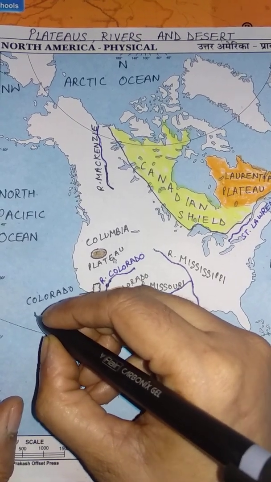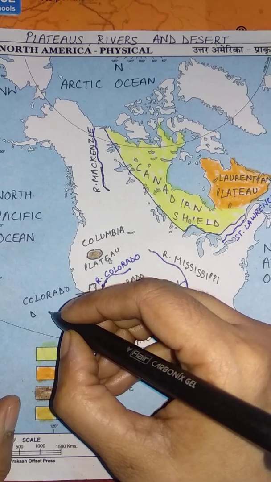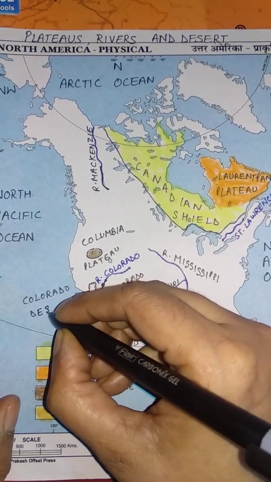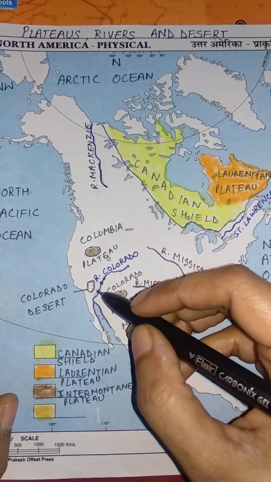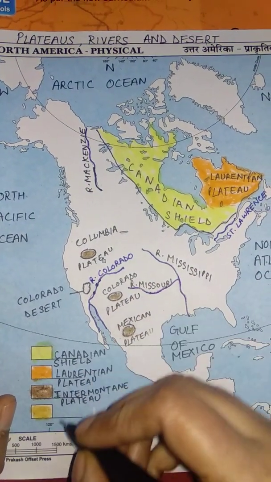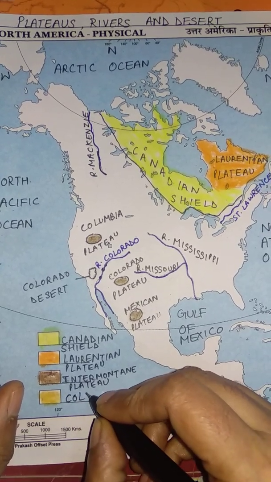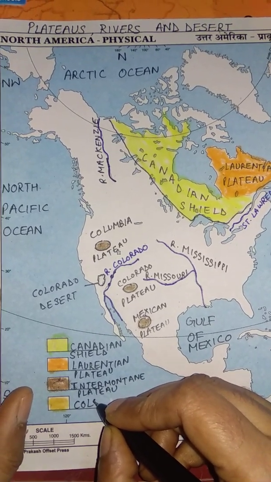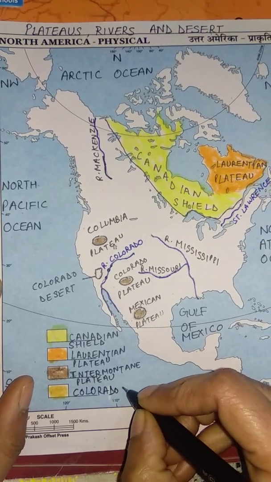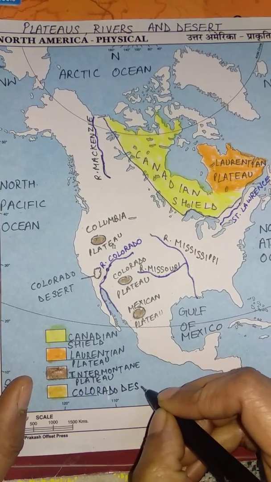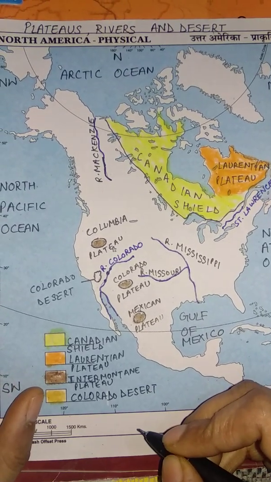It is a part of the Sonoran Desert, which extends from southeast California. Now you have to give a color to it, and in the index you write the name of the feature. And give color to it.